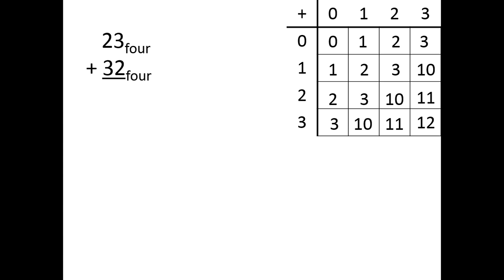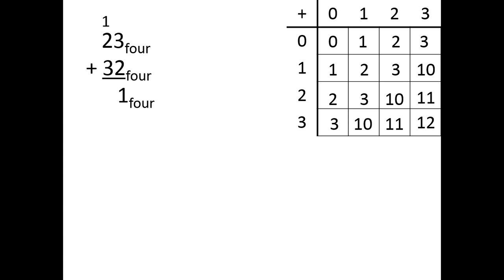And you could use your base 4 addition table and notice that 3 plus 2 is 1, 1. That's one group of 4 and 1 left over. So that 1 we could write in the ones column, and that one group of 4 we would write in the fours column.